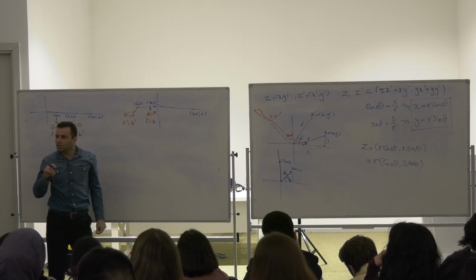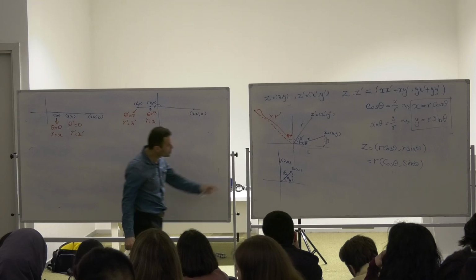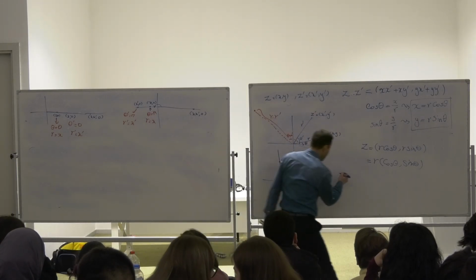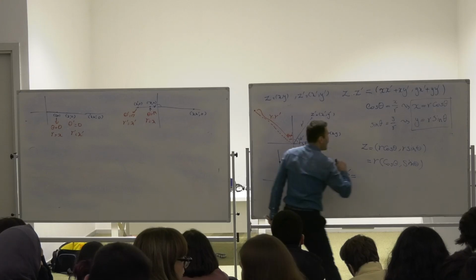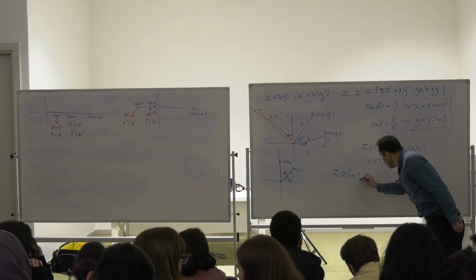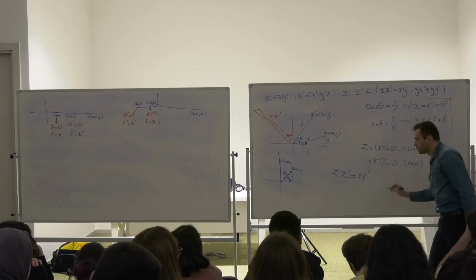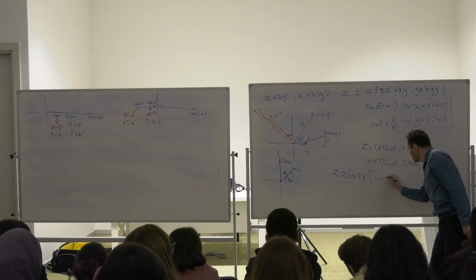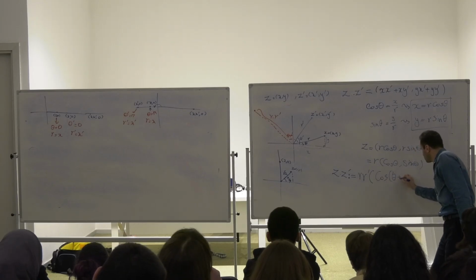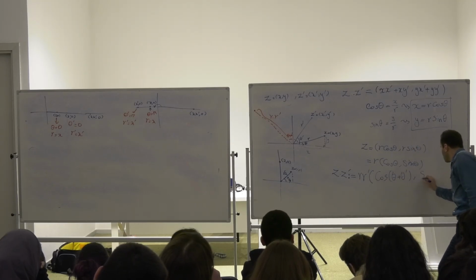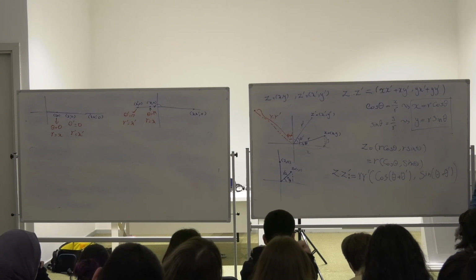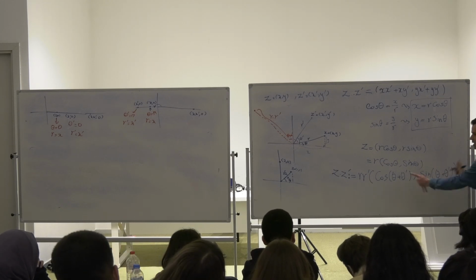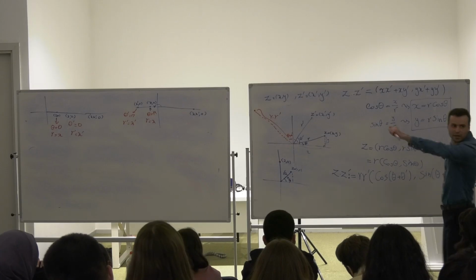When we multiply these two, let me also write it here. z times z prime we define as r times r prime, their lengths, times cosine of theta plus theta prime, plus i sine of theta plus theta prime. So we are summing their angles and multiplying their lengths.